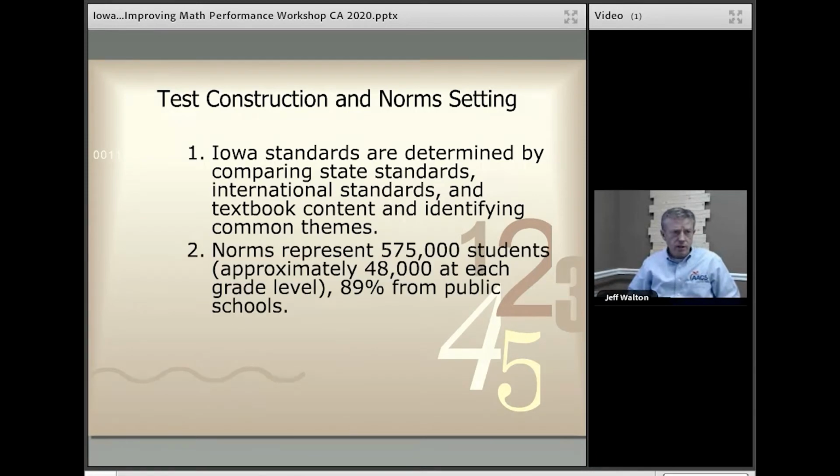And then also, the norms for the Iowa represent 575,000 students, approximately 48,000 at each grade level, 89% of them from public schools. So it's a really large group of students from which the norms are derived. And it's a very carefully selected group of students to represent public school, private school. So you're getting a good comparison to a national sample.